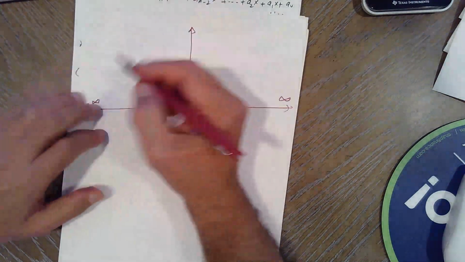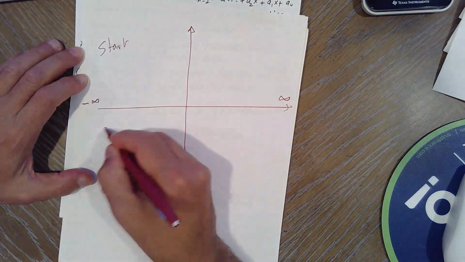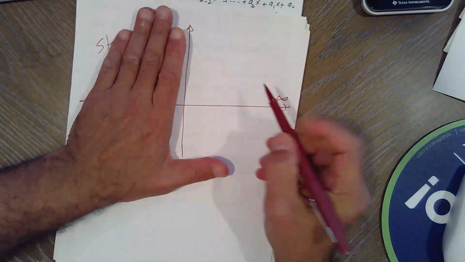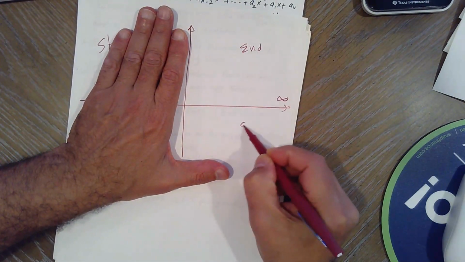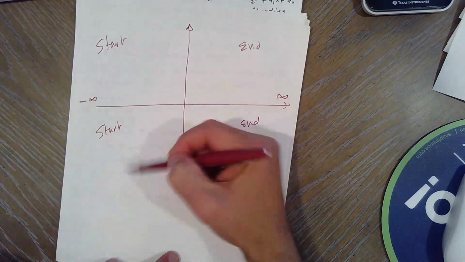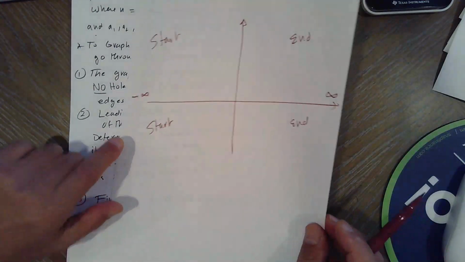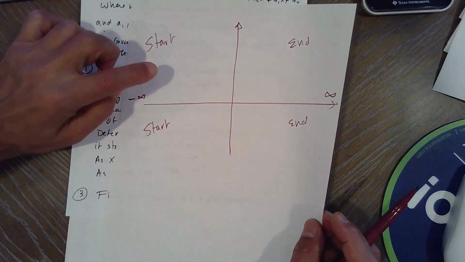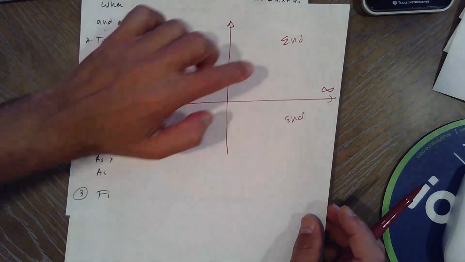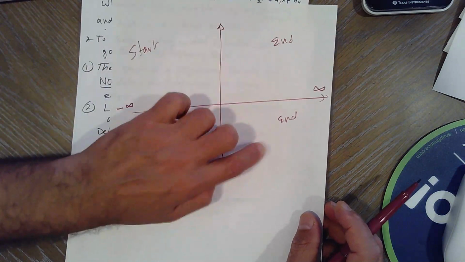This is a start, and I'm going to end graphing in one of these quadrants. The leading coefficient test, or end behavior test, is going to tell me where to start, in the second or third quadrant, and where to end, in the first or fourth quadrant.